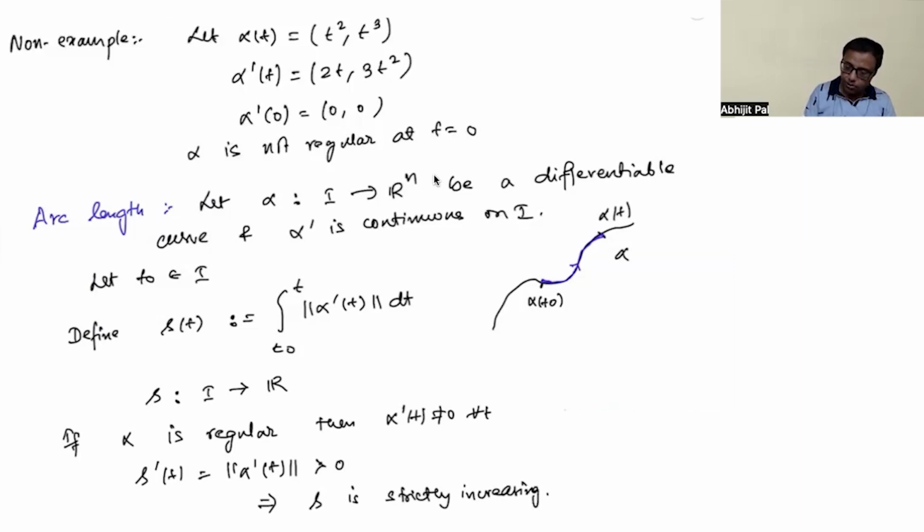Sometimes we call this s the arc length parameter. We'll see in a moment why we call s the arc length parameter. We'll now be doing reparameterization of a curve.